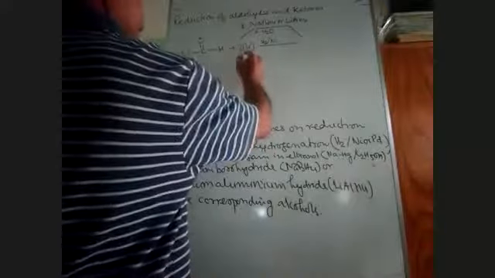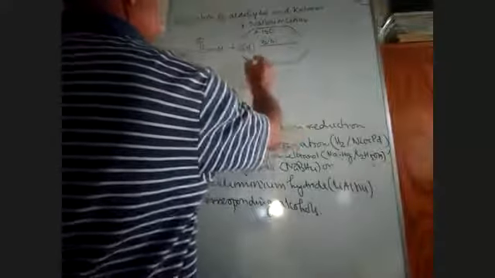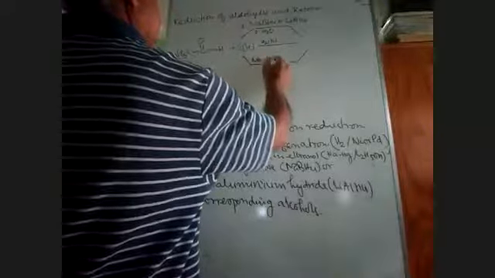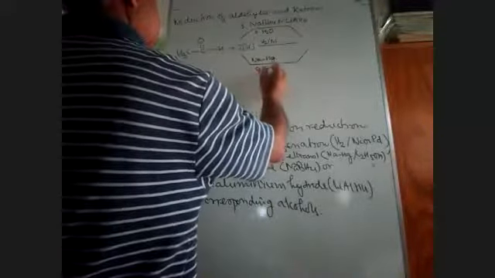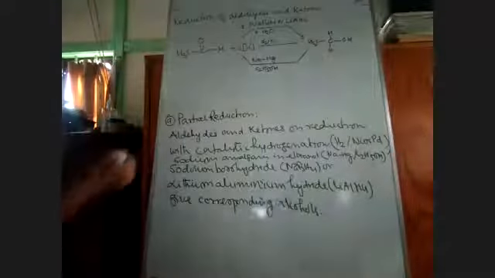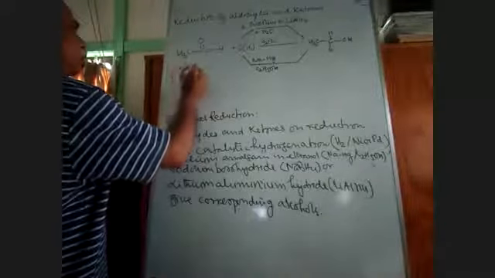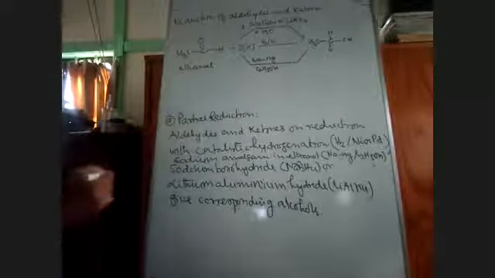Okay, so this is all right. NaHg, C2H5OH. So what are we going to get? In all these cases, we are going to get CH3CH2OH. That is, you are going to get ethanol.